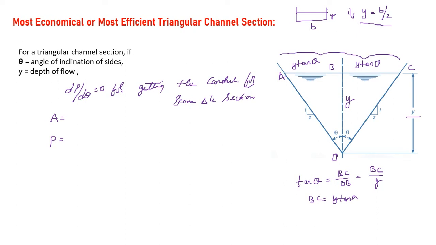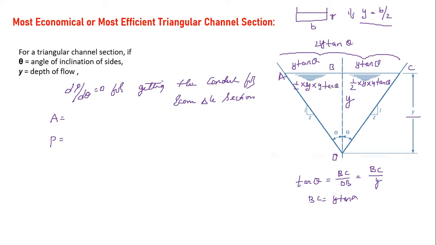So what is the total top width? 2y tan theta. Now let us find out the area. The area of this triangle is half into y into y tan theta. Similarly, the left side triangle also has the same area, half into y into y tan theta.